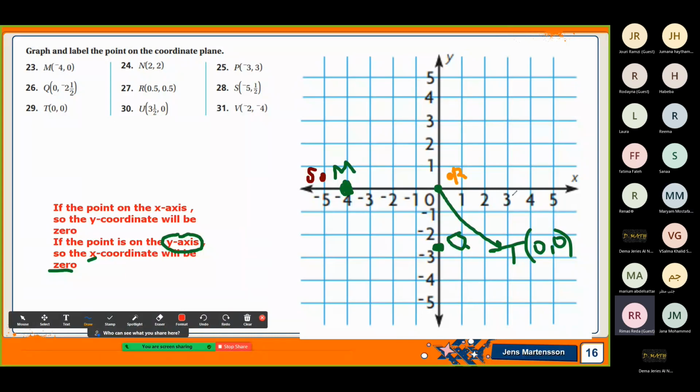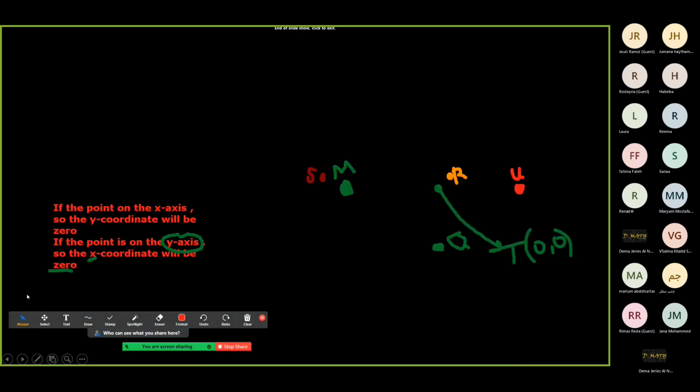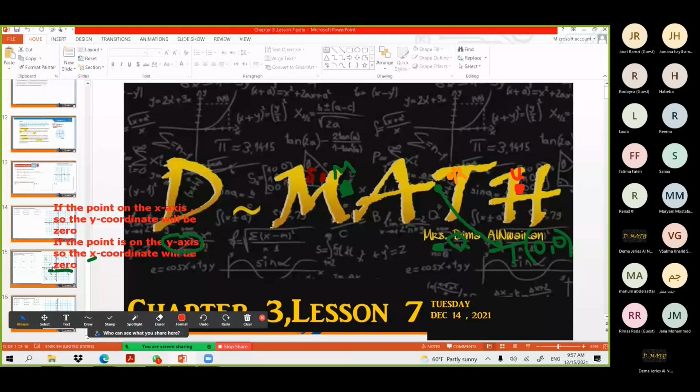We're going to put 3.5 in the middle, between 3 and 4, and then we won't move it anywhere because they put 0. Bravo. So this is point U, and it's on the x-axis. Yes, thank you.